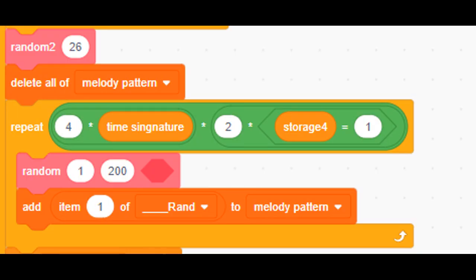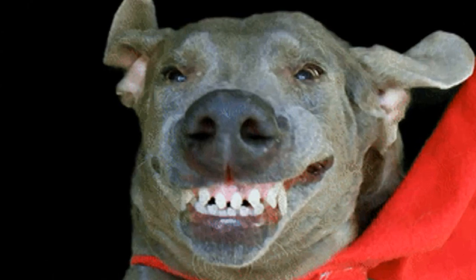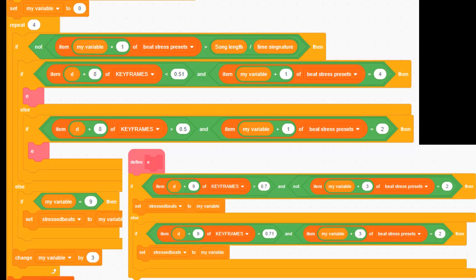It would then generate random values for 8 measures of beats. These values would determine the seed it would use to generate the melodies and rhythms, so they would repeat instead of sounding completely random. Next, it would find beats to stress based on the mood, intensity, and cutoff amount.